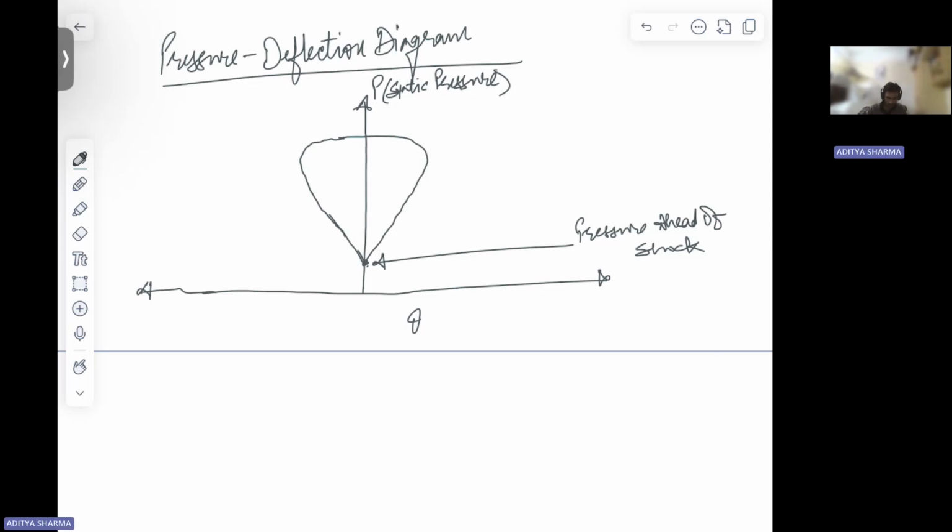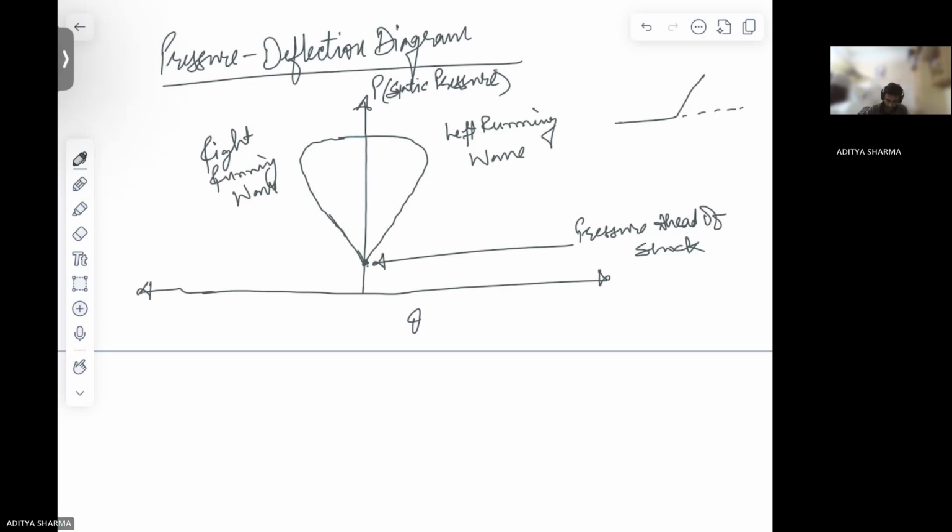This lobe is for your left running wave, and this is for your right running wave. Now, what is a left running wave and what is a right running wave? So if your wave is like this, this is your theta and this is your wave, so this is basically your left running wave.